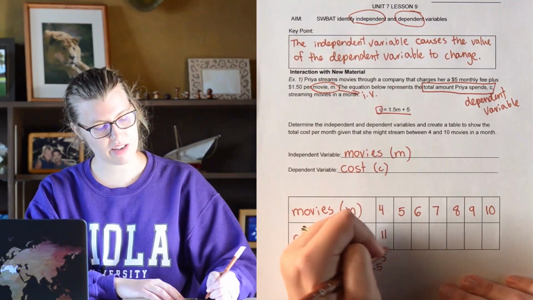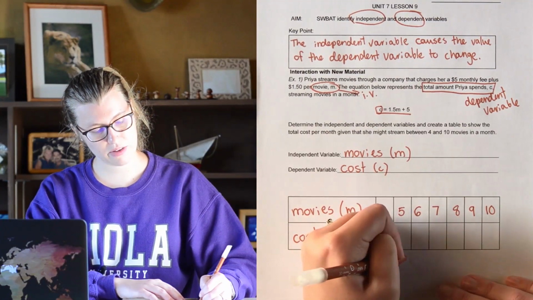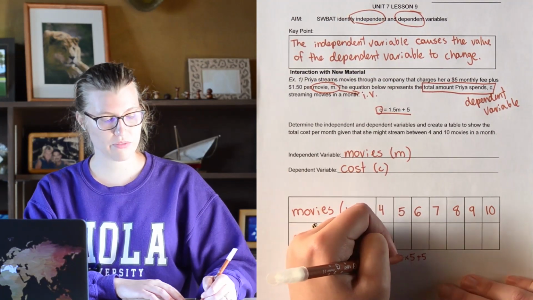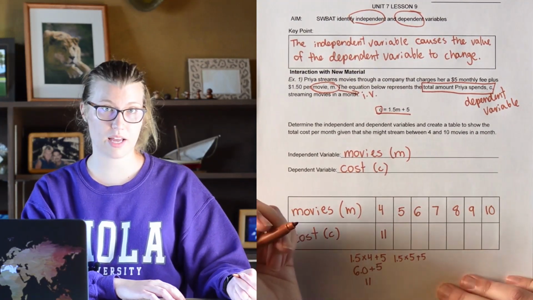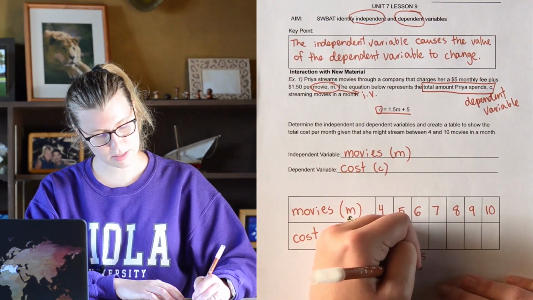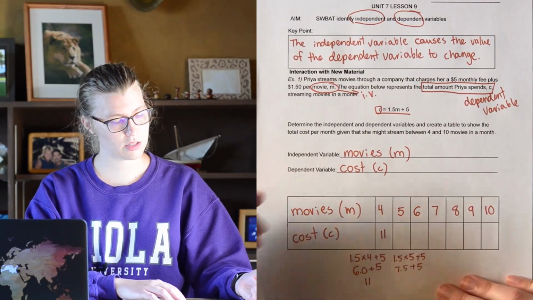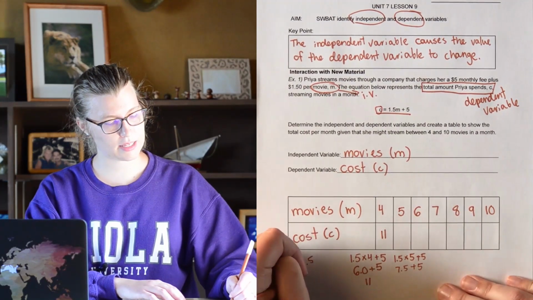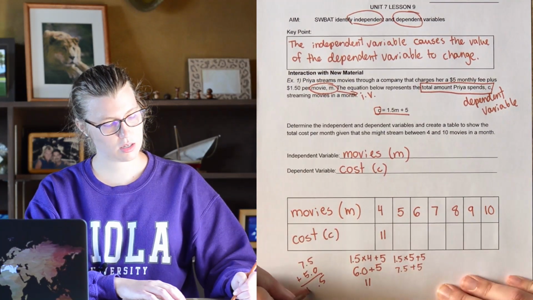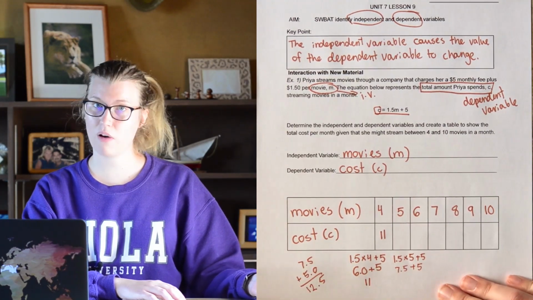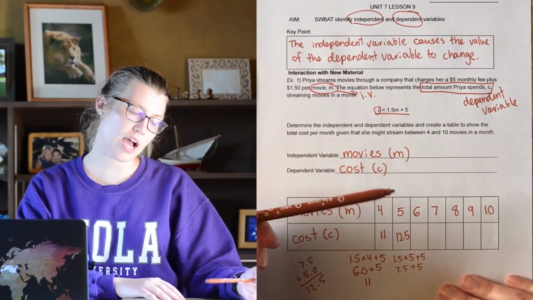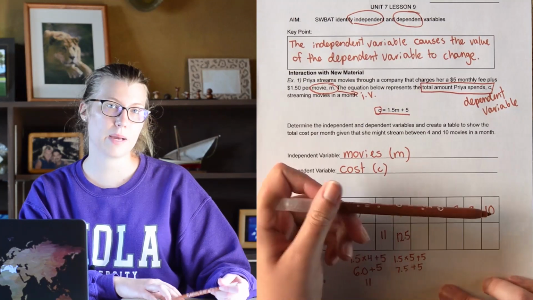How about if she watches 5 movies? 1.5 times 5 plus 5. 1.5 times 5, 15 times 5, 75. So 7.5 plus 5 equals, oh, can't mess up my decimal, 12.5. Now, I want you to be able to fill this out one by one.